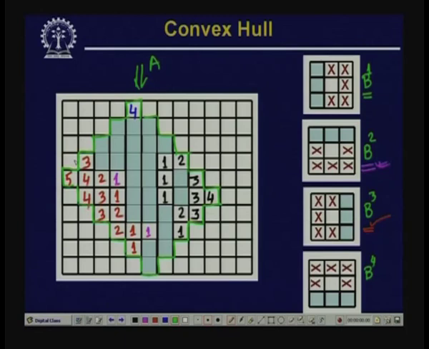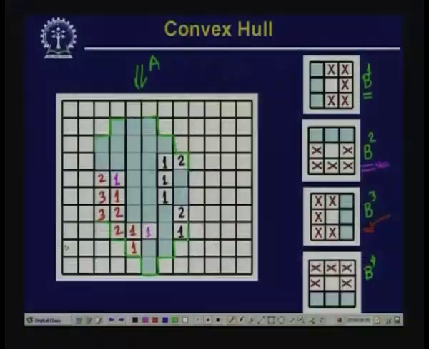What I can do is remove these points from this set, and the resultant set that I get is still a convex set. So, the minimal set is actually this set, not the set that we have obtained by applying those iterative algorithms.